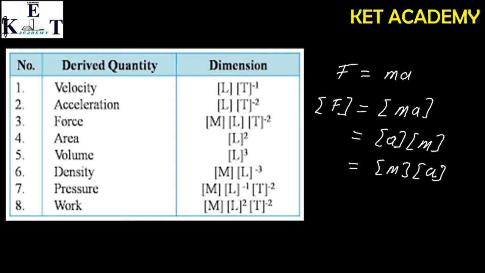The dimension of mass, as we all know, is capital M. Acceleration is the rate of change of velocity and is measured in meters per second squared.